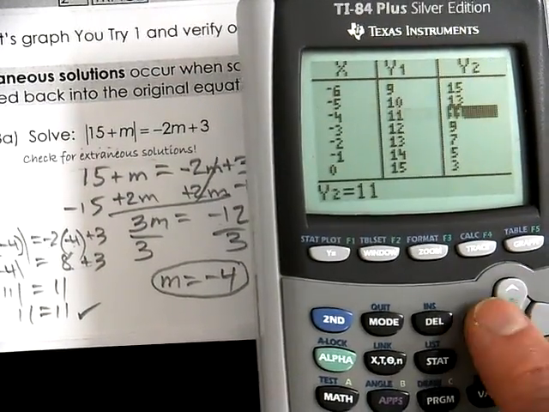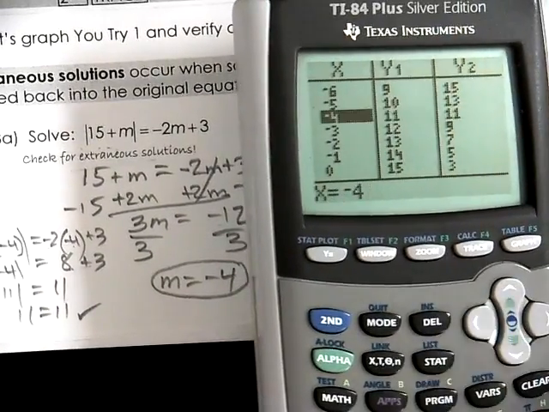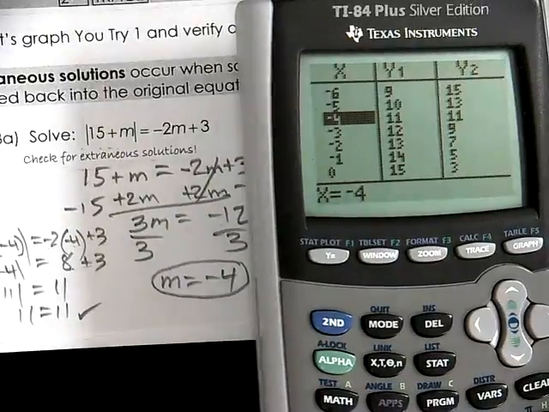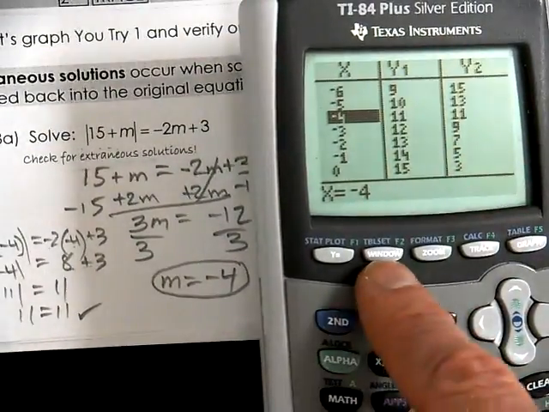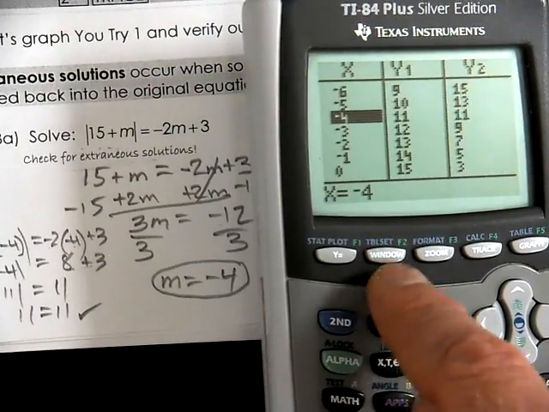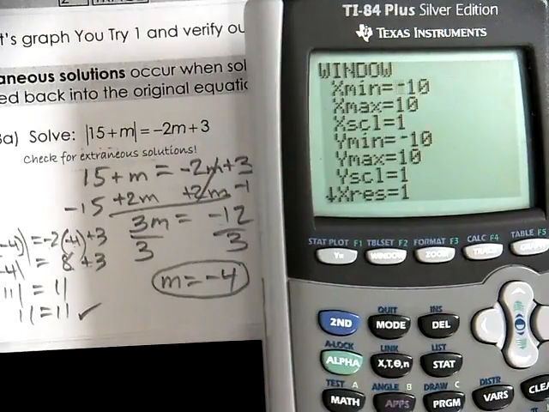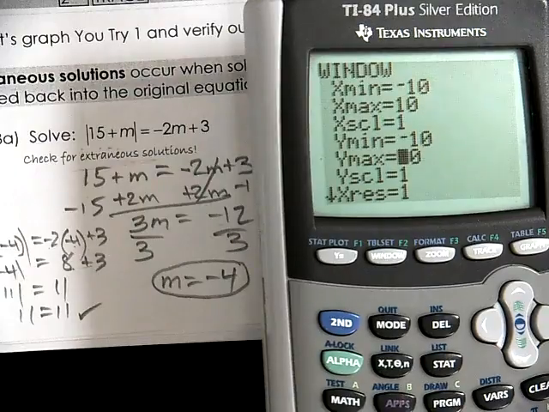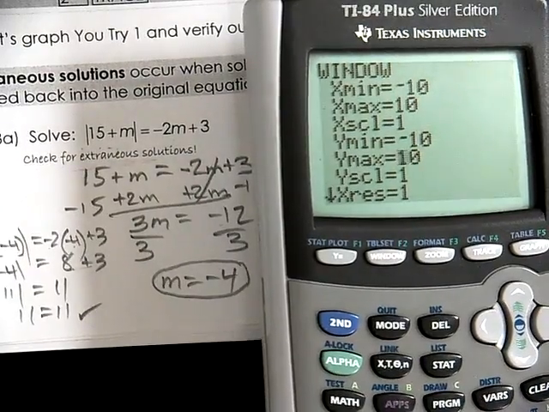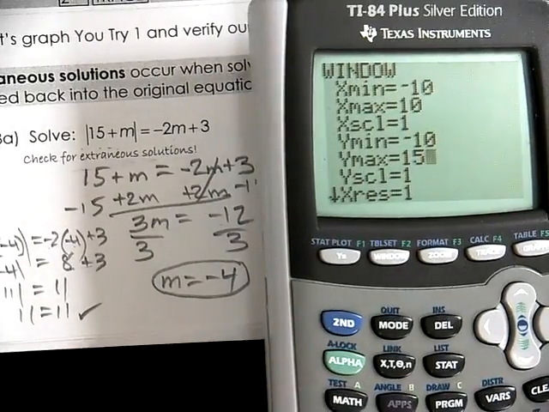Hey, there's where they line up. They're lining up at 11, and it happens at x is negative 4. So I know I need to look above 11. So in Windows, what am I going to change? The y maximum. What number should I change it to? Something bigger than 11. Okay, 15, 16, 17.